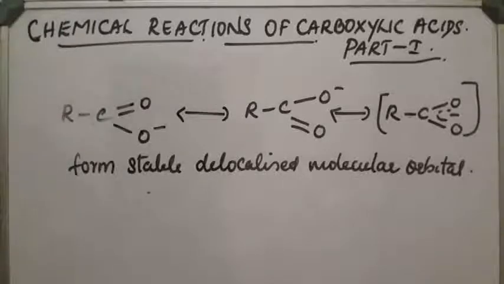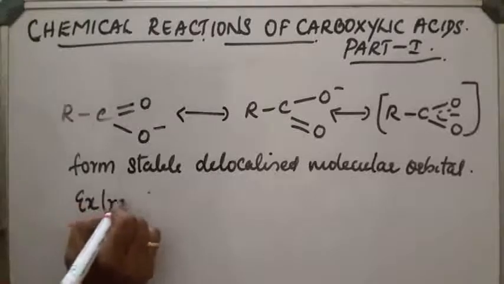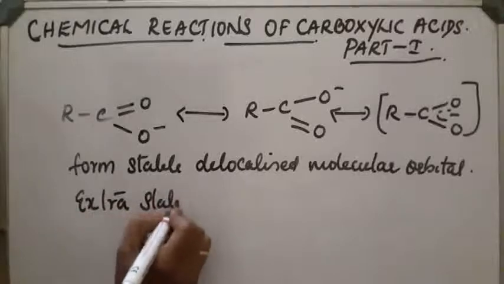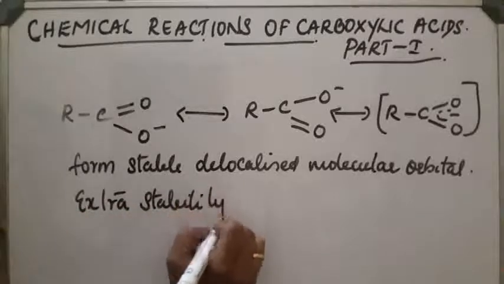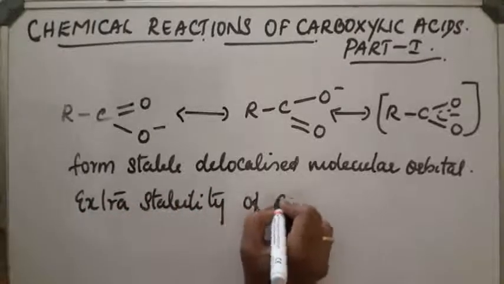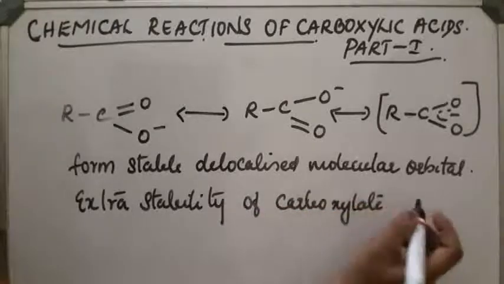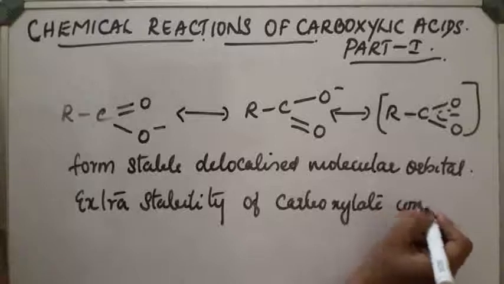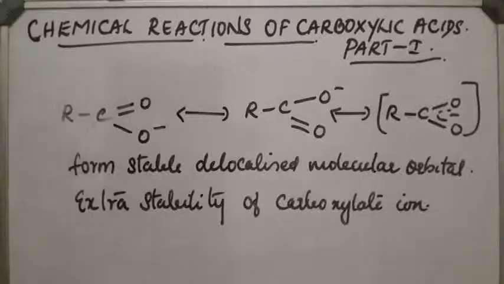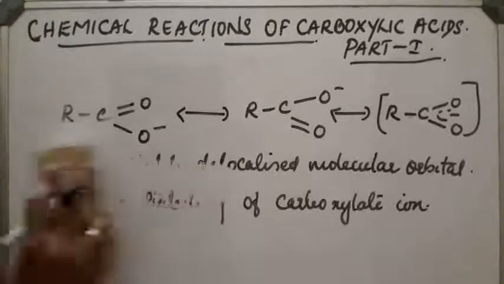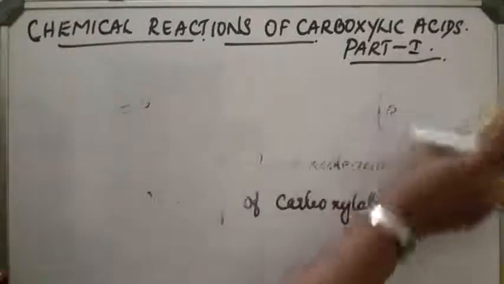As a result of this overlap, delocalization takes place and forms a stable delocalized molecular orbital. This shows the extra stability of the carboxylate ion, which shows that carboxylic acids are highly acidic in nature.